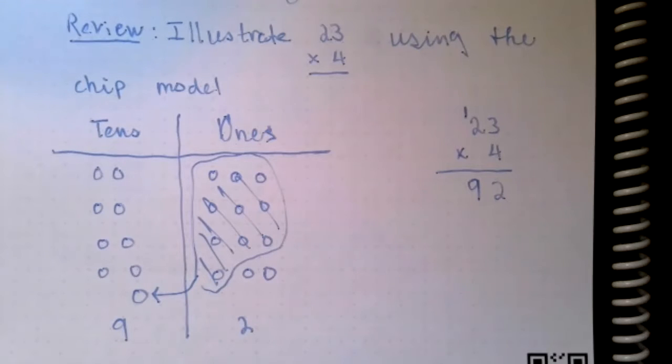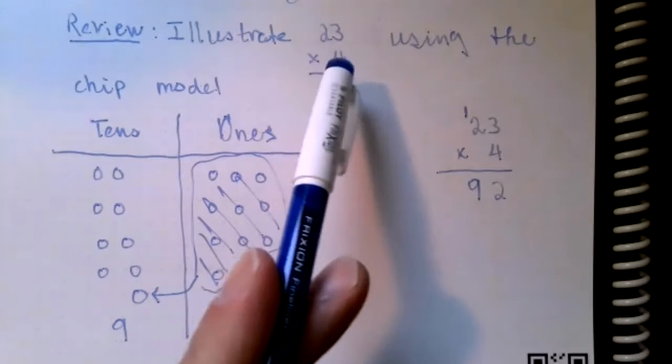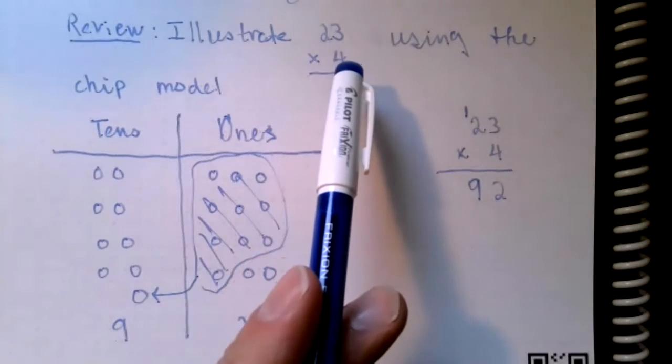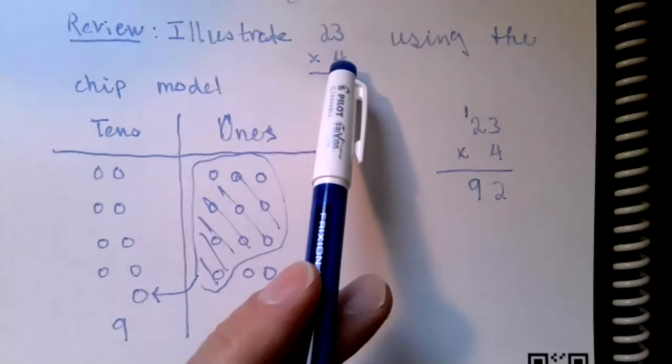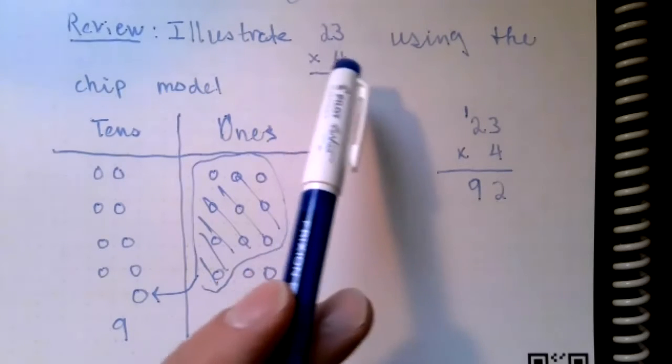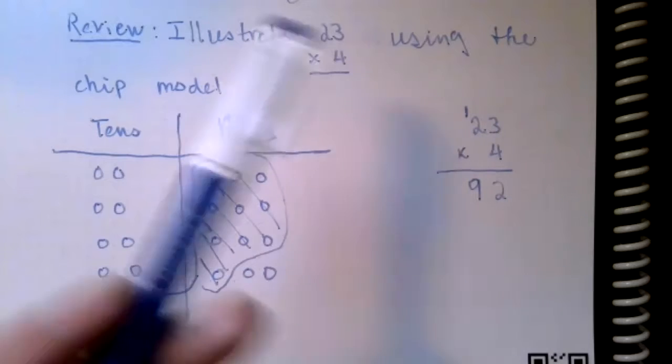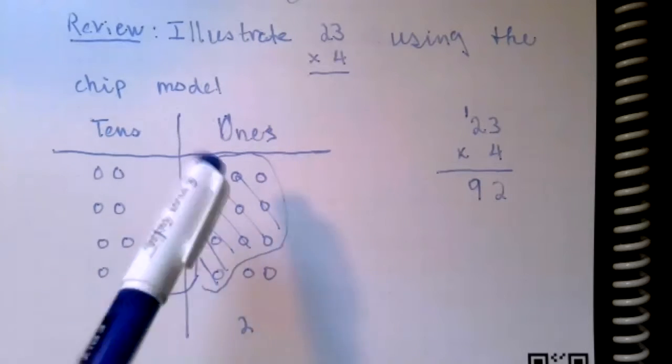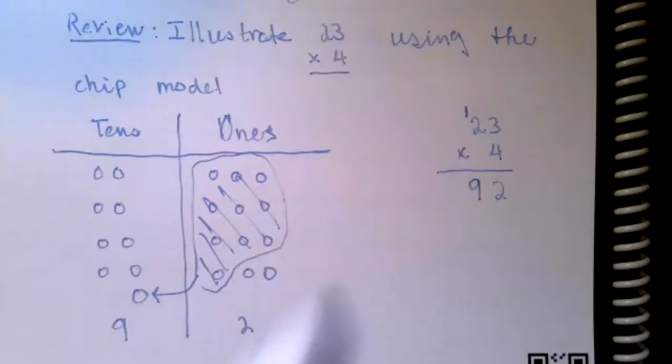Okay, so this is something that I would expect you to be able to demonstrate on a quiz or test. All right, so be able to do that. Now, when we're doing the chip model, this number will probably be small. Okay, so 23 times 12, I guess we could do it in the chip model, but it would be quite tedious. Why would 23 times 12 be tedious in the chip model?